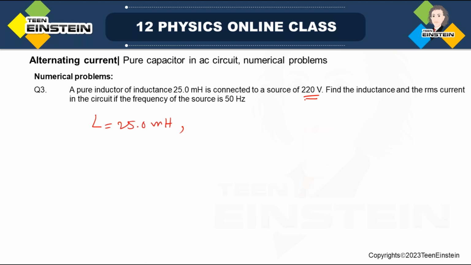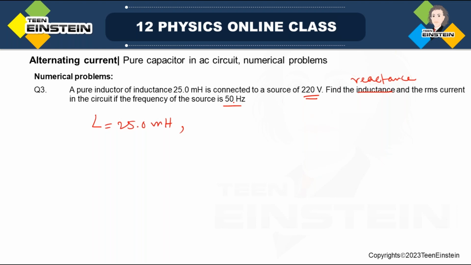Find the inductive reactance. Okay, it is reactance. Find the reactance and RMS current in the circuit. The frequency is given, this much hertz.